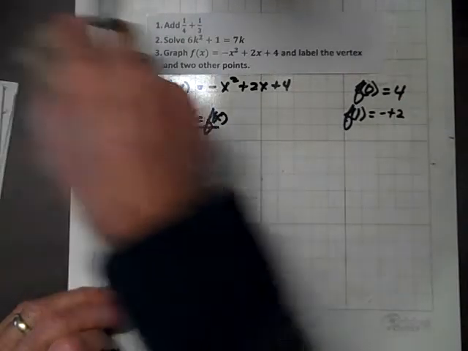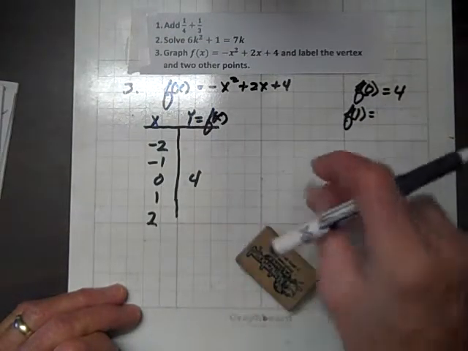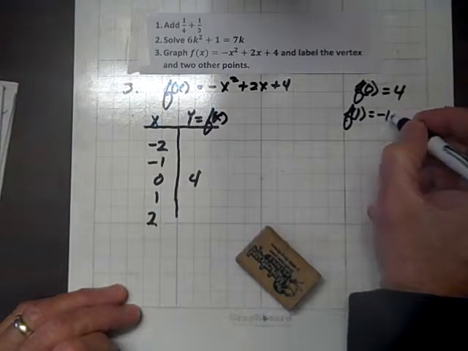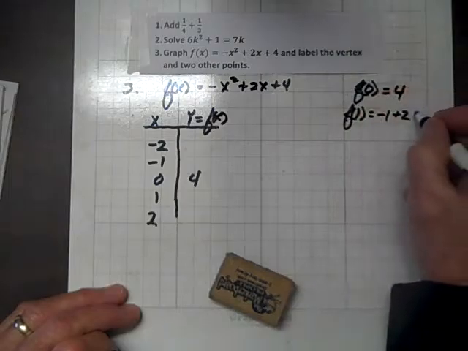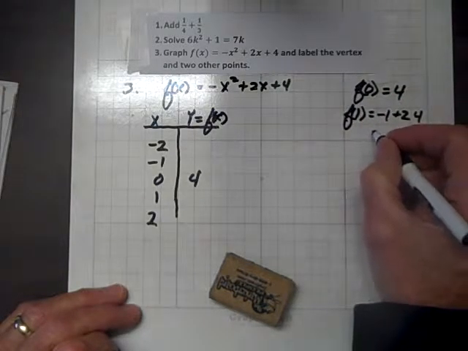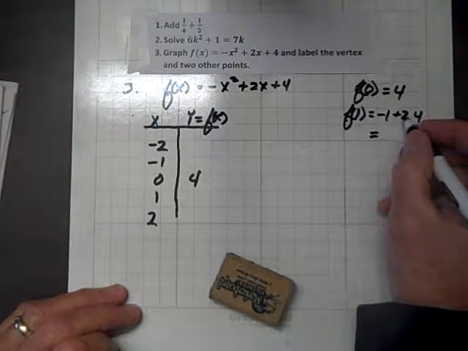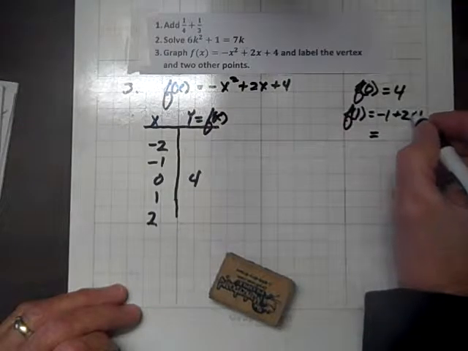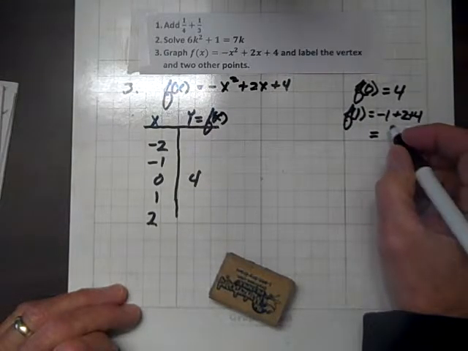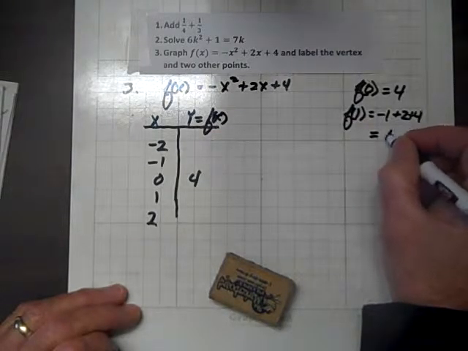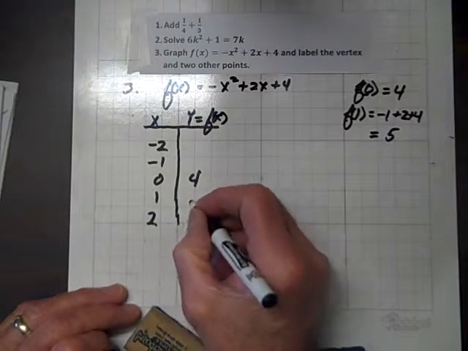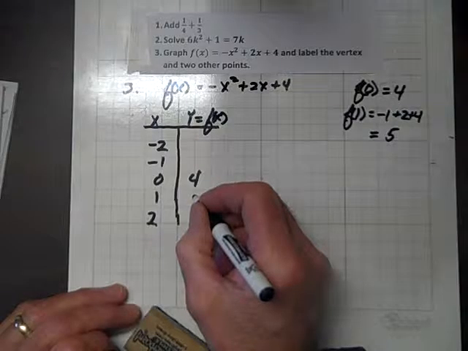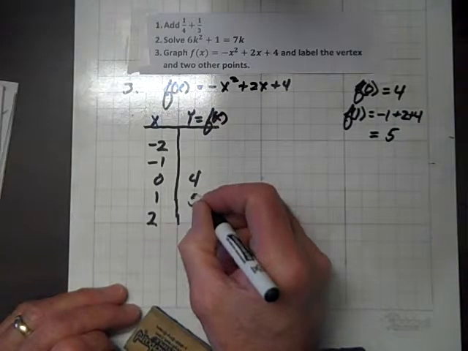Oh, excuse me. -1 plus 2. And we still have the 4, and -1 plus 2 is 1, and 1 plus 4 is 5. So f of 1 is 5.